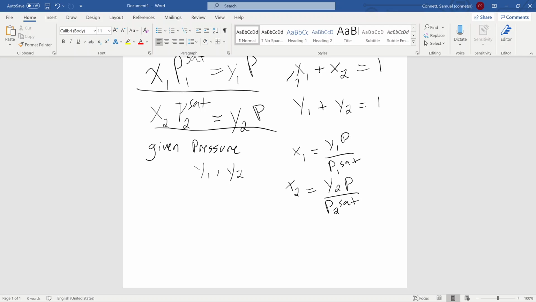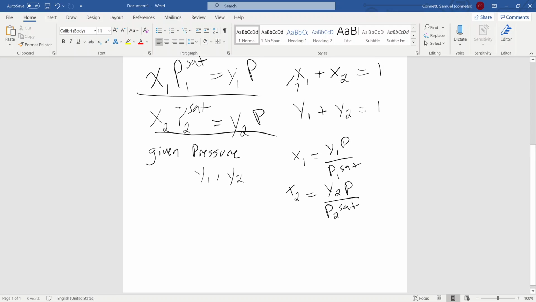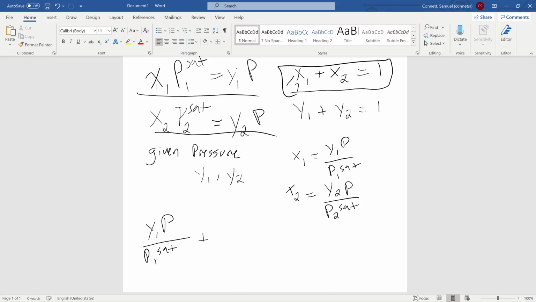So now, since we've solved for x1 and x2, we can plug those into this equation. So we get y1 P over P1 sat plus y2 P over P2 sat equals 1.